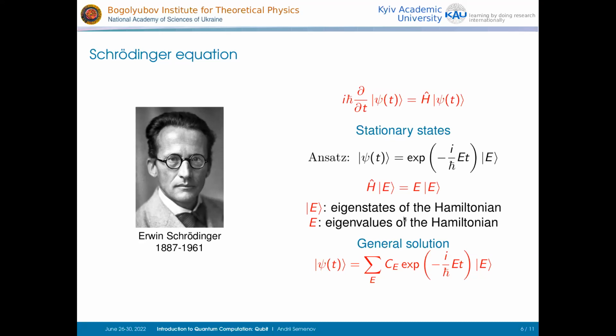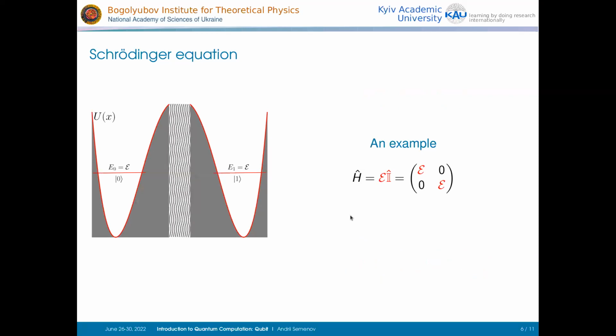And now let me go to some elementary or even toy example. I understand that physicists can say to me now, oh, it's not realistic, and they will be right. But let's consider how things work, and after that we will discuss criticism of this model. This is a toy model.